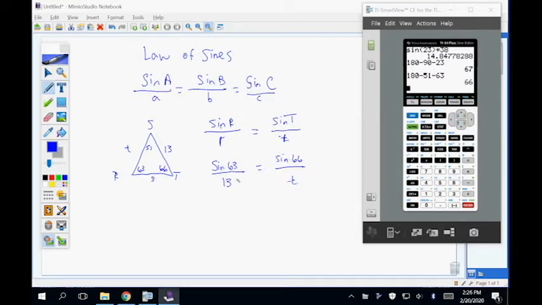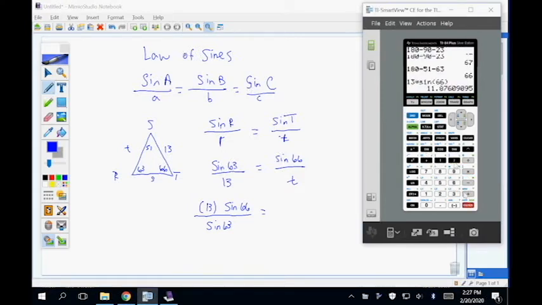From here, we cross multiply 13 times sine 66, and then you end up dividing by sine 63. So 13 times sine 66 is 11.876.